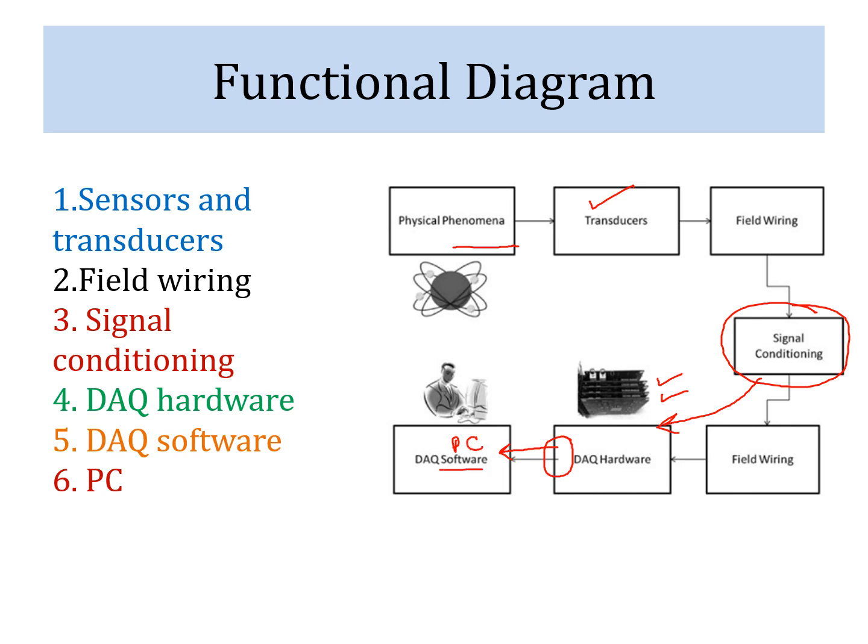So this is the complete functional block diagram, and if we see how many functional elements are there, first one is sensors and transducers, second one is field wiring, obviously it is throughout the block diagram, third one is signal conditioning element, then data acquisition hardware, and then we have software which is called data acquisition software, and finally personal computer where we display the final readings or we plot whatever physical phenomena we are acquiring.